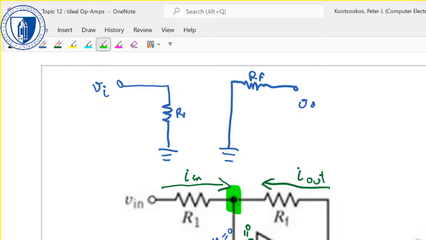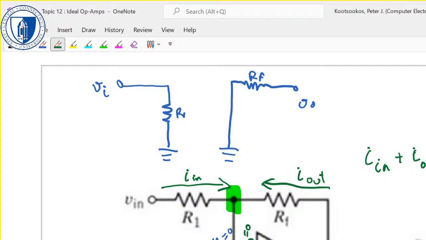Well, I don't know whether they're equal, but what we can say is, let's go with green, I in, and they're both going in, so plus I out equals zero. So they're going to be equal in magnitude, but one of them is the negative of the other. We can't have everything flowing in. If one of them's flowing in, the other one's got to be negative so that it's flowing out.